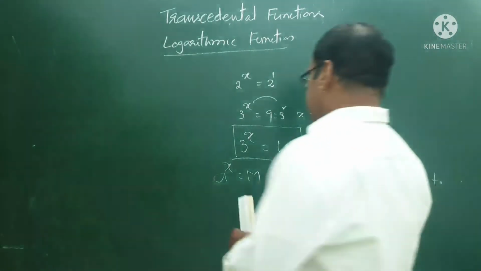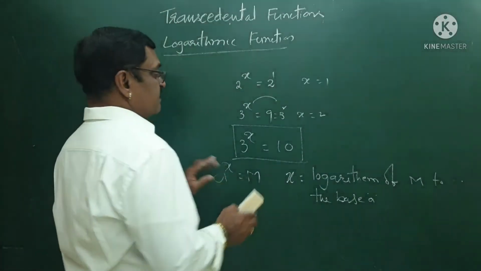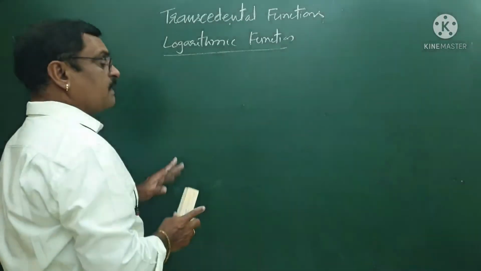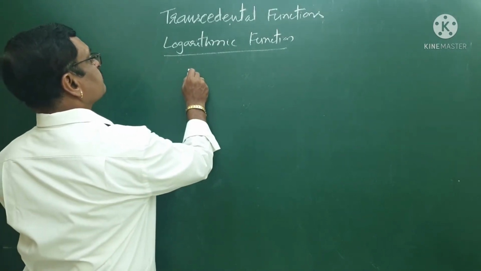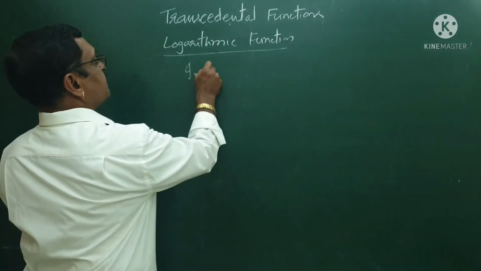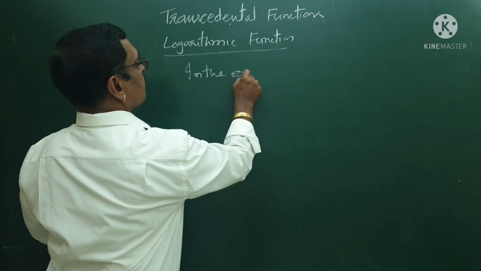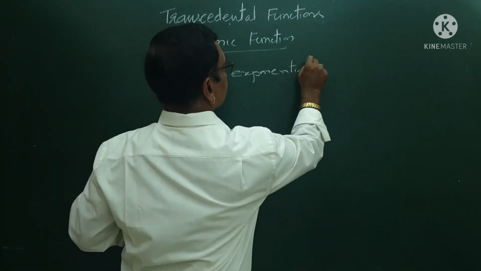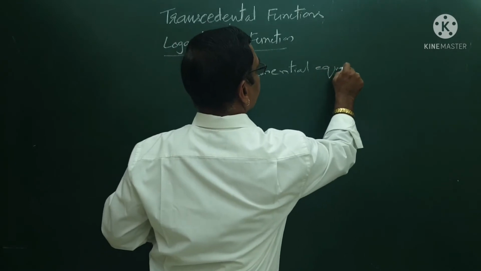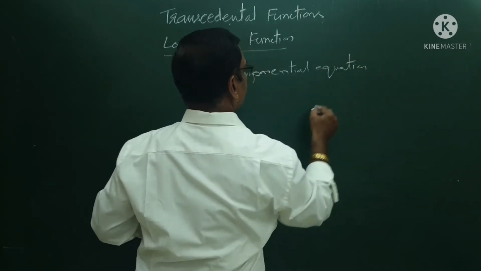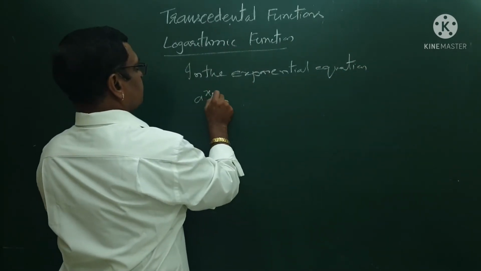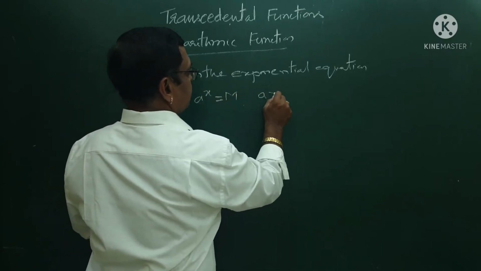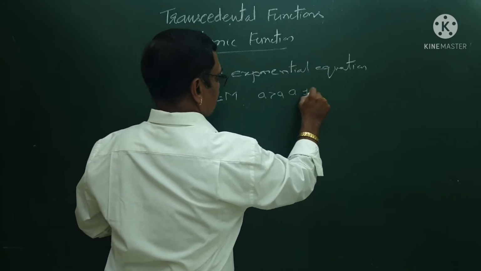What are the conditions for a and m here? Let me write. Now in the exponential equation a power x is equal to m, what is a here? a is greater than 0, a is not equal to 1.